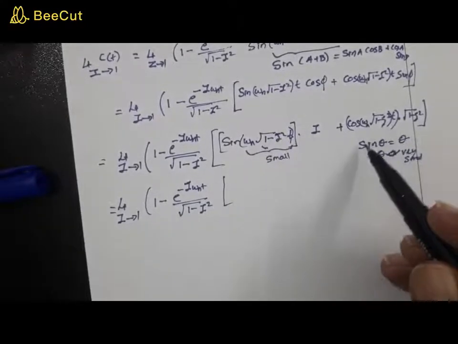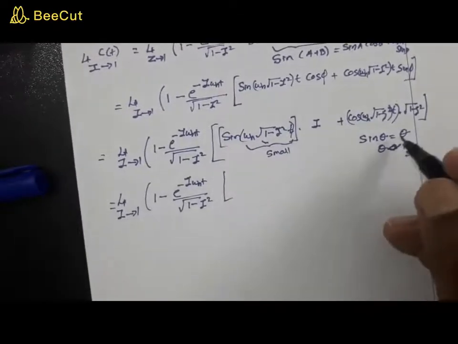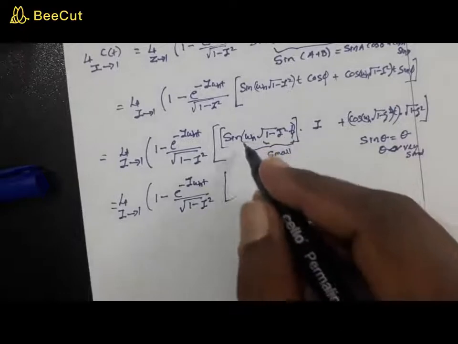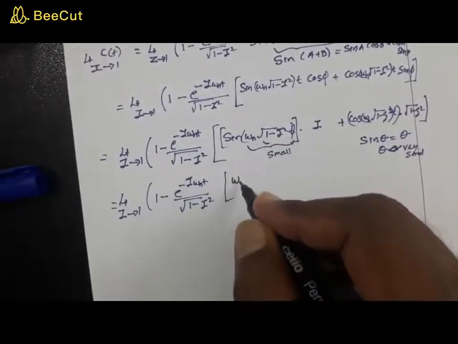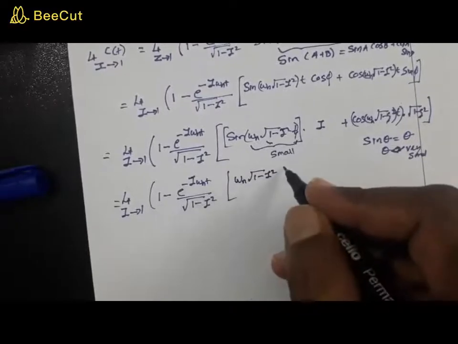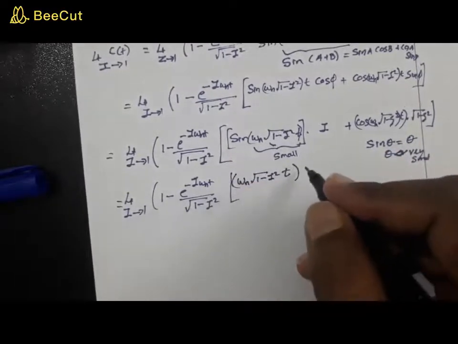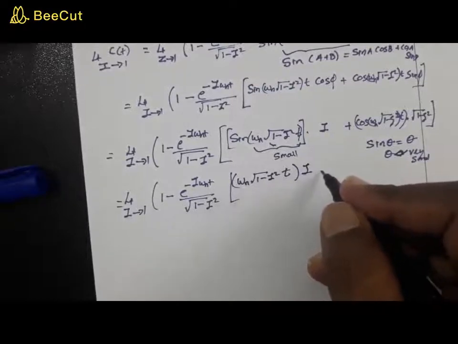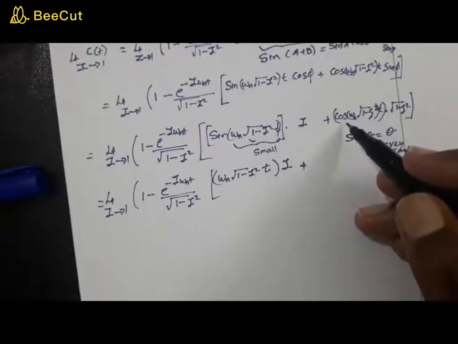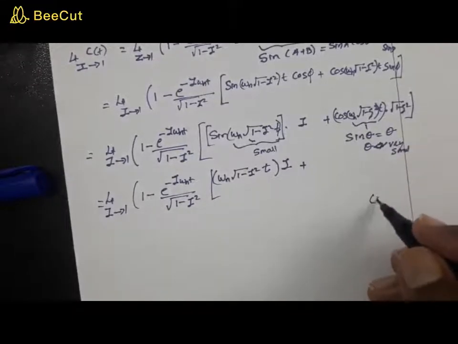So in that case sine theta can be written as theta. So what is the theta here? The theta will be omega n into root of 1 minus theta square into t, the whole thing multiplied by theta, plus, what about this? This is very small. Now what can you say about cos theta?